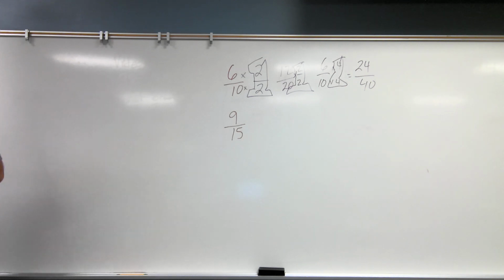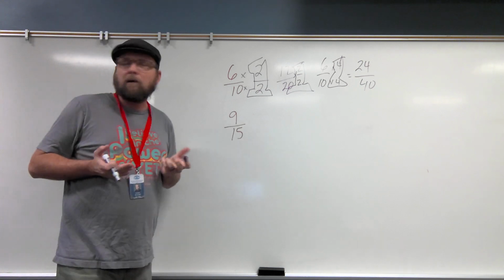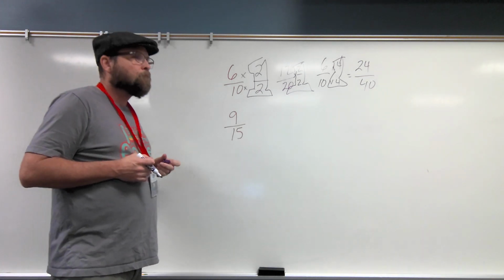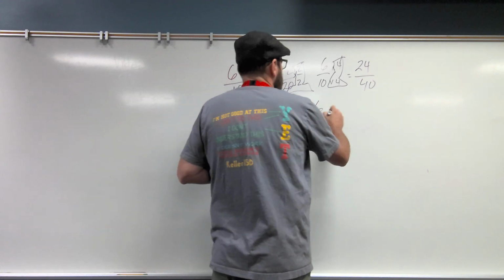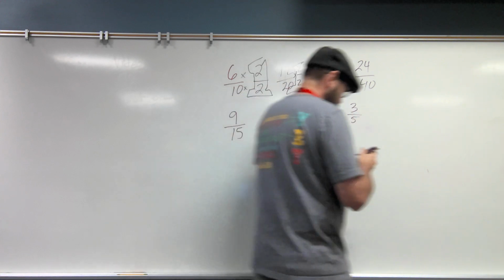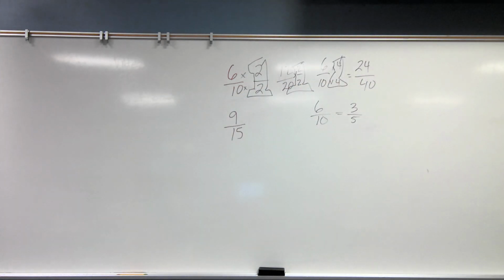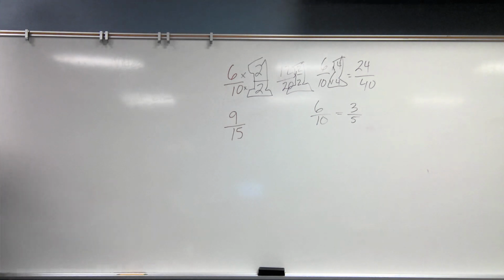Adam. You're looking at me. 3/5. Okay, so you're saying 6/10 equals 3/5. Explain. Because if you divide both of them by 2, 6 divided by 2 is 3 and 10 divided by 2 is 5. So same thing with division. If I multiply by 1, the value is the same.